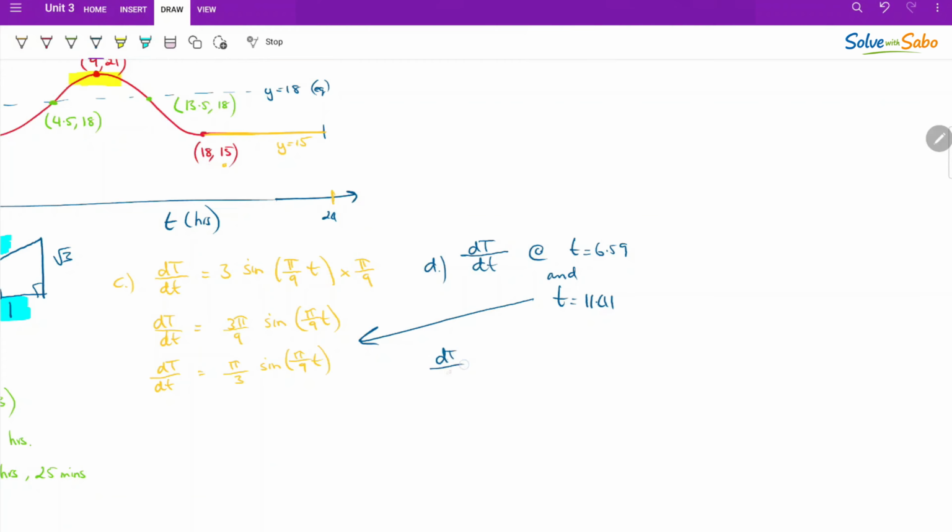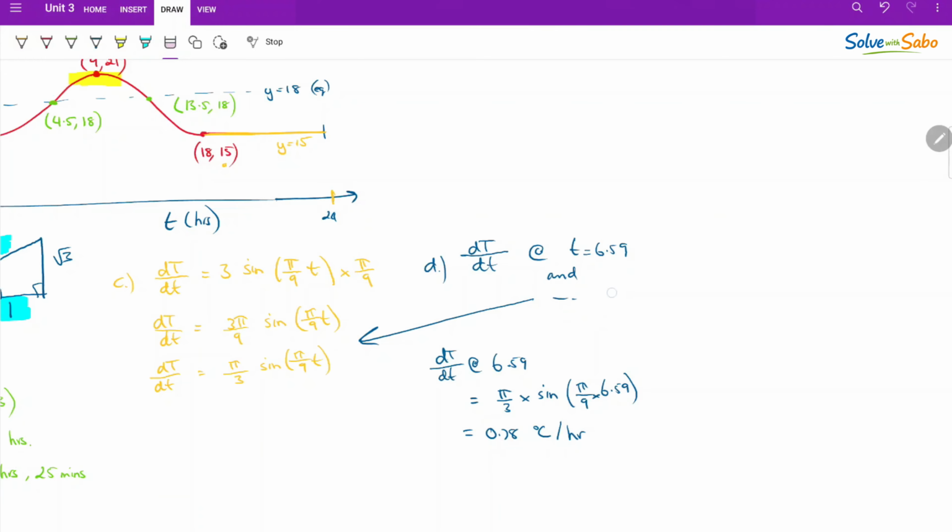So I could say dT/dt at 6.59 is equal to π/3 multiplied by sin(π/9 times 6.59). And I can put that in my calculator and get an answer out of it. You get an answer of somewhere around 0.78 degrees Celsius per hour.